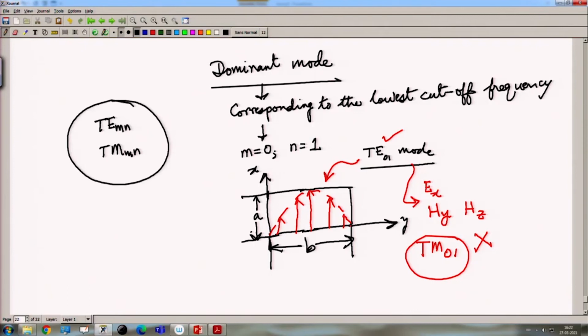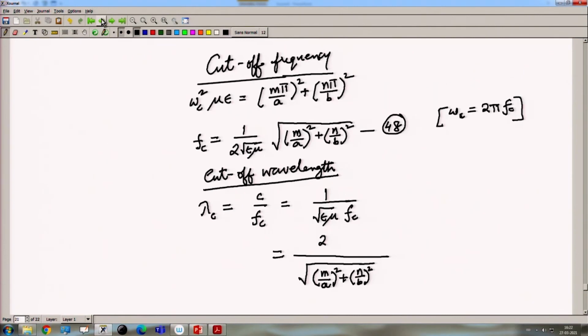It means that the TEmn mode and the TMmn mode have the same cutoff frequencies. Why? Because this equation is independent of whether the mode is TE or TM.